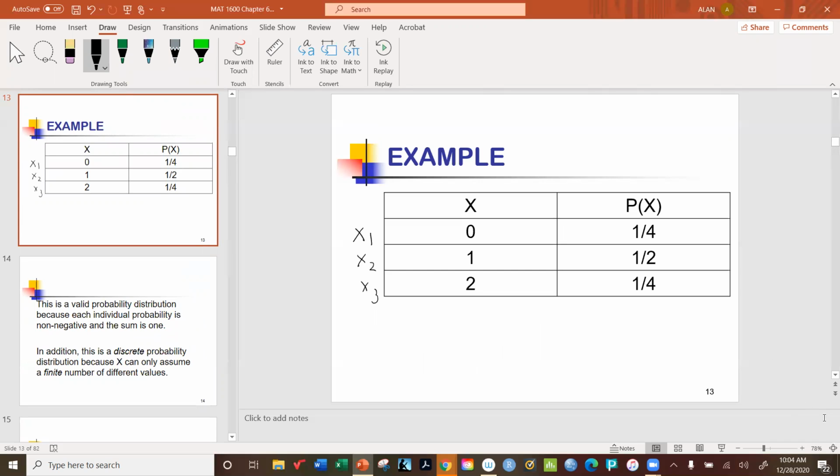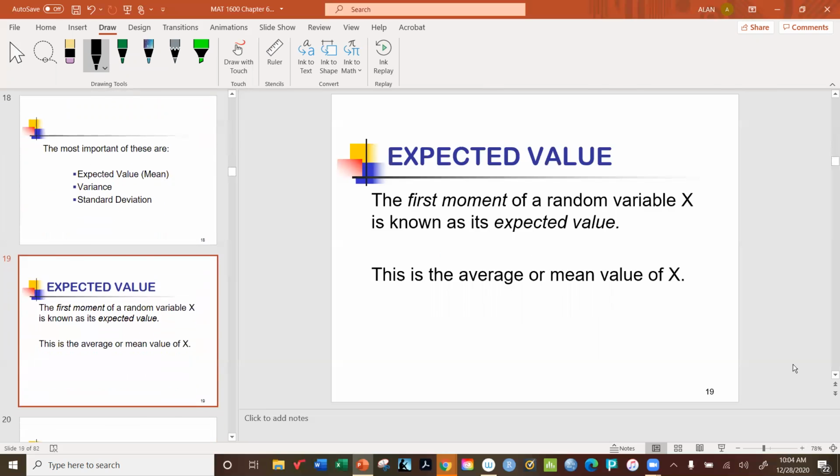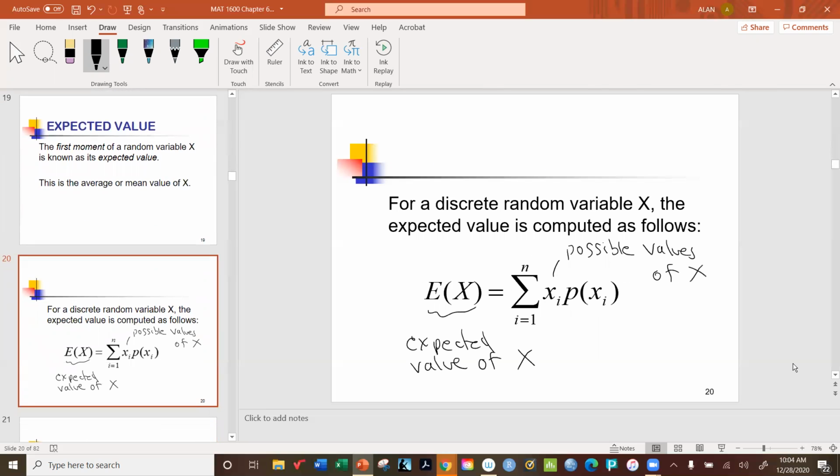It's not really any different from what we did with samples and populations. And then these are the corresponding probabilities.